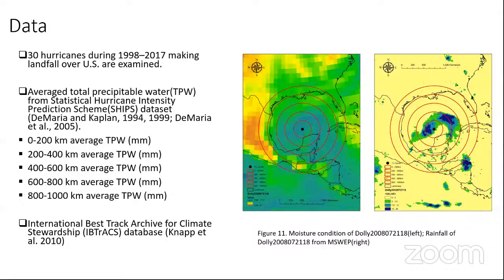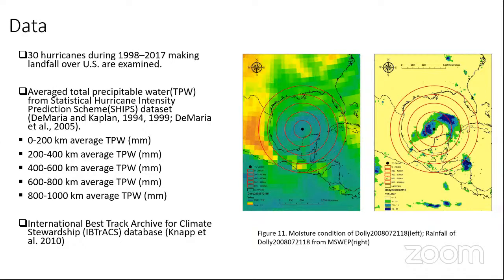For the data I used in this analysis, I chose 30 hurricanes from 1998 to 2017 making landfall over the United States. Like I mentioned before, the total precipitable water, TPW, is from the Statistical Hurricane Intensity Prediction Scheme dataset, for 5 different annulus regions from the TC center. From figure 11, the left one, we can clearly see what that means.